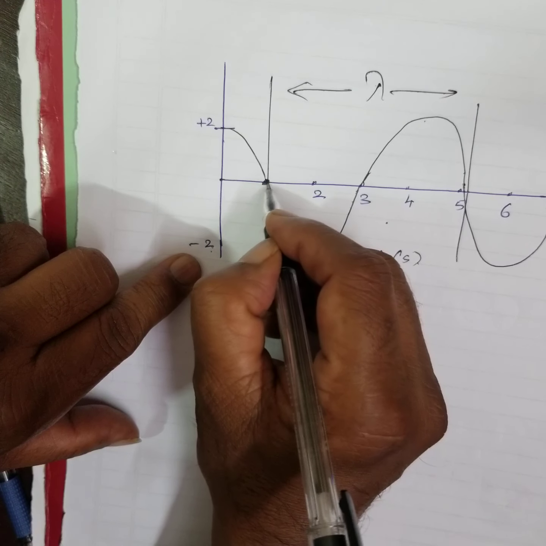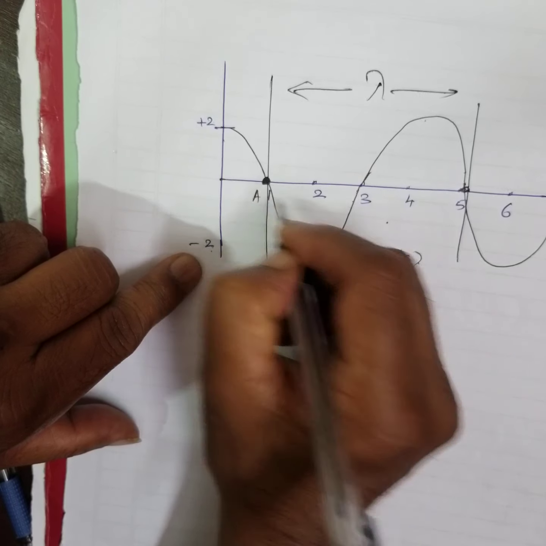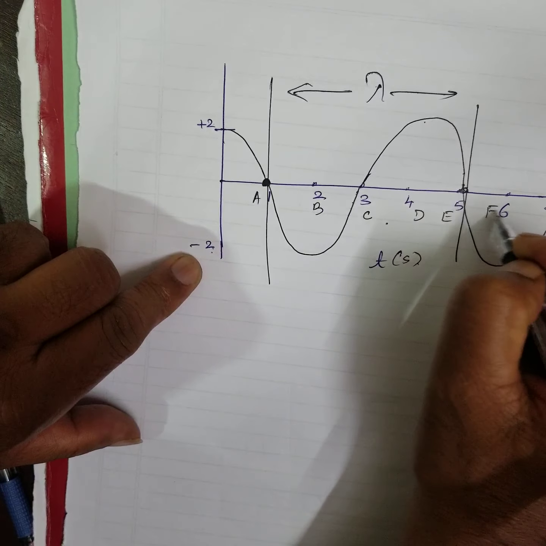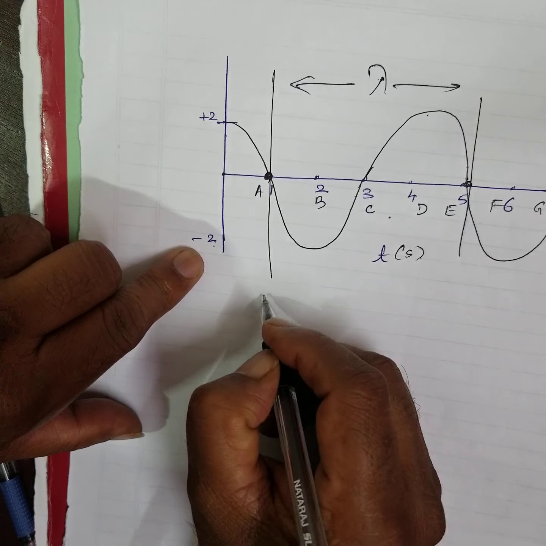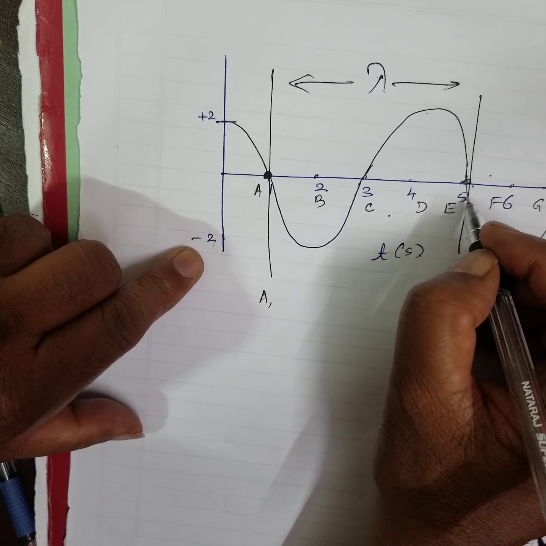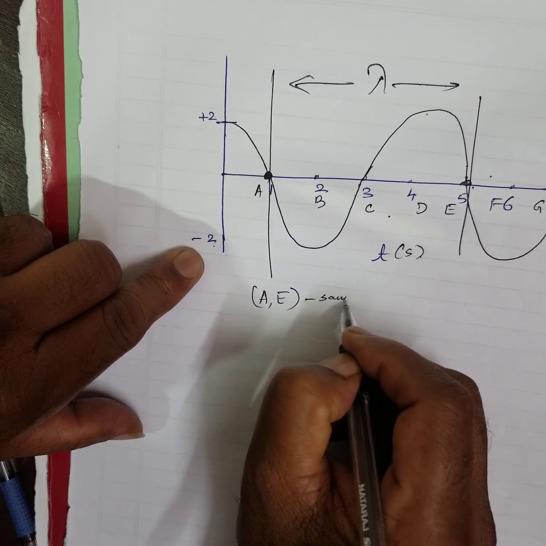Here, at these particular points, A, B, C, D, E, F, G. Point A and point E are both in the same phase, correct?